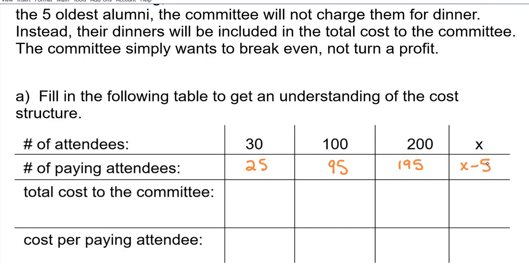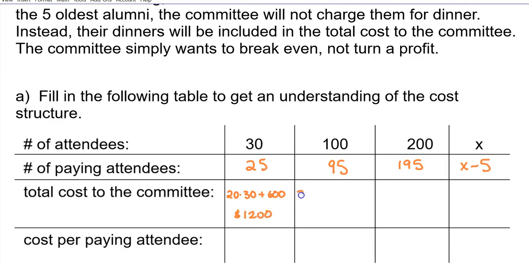Next, we're going to calculate the total cost to the committee. So they have to buy dinner for everyone, whether or not that person is paying. And dinner costs $20 per person. So for the first one, it's $20 per person times 30 people plus $600 to rent the venue, and that total is $1,200.